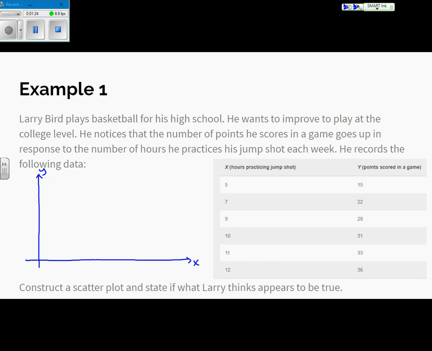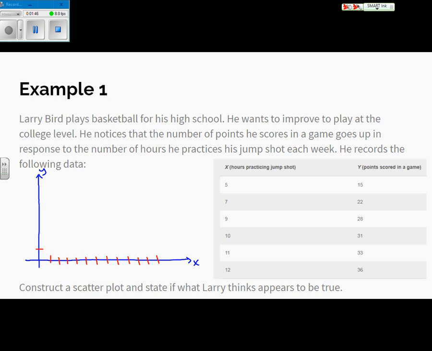I look at my x's, and if I count by ones, I can get them all on here. So 1, 2, 3, 4, 5, 6, 7, 8, 9, 10, 11, 12. And I don't want to make 36 little hashes going up the y-axis, so again, I'm going to scale this to make it so that everything fits.